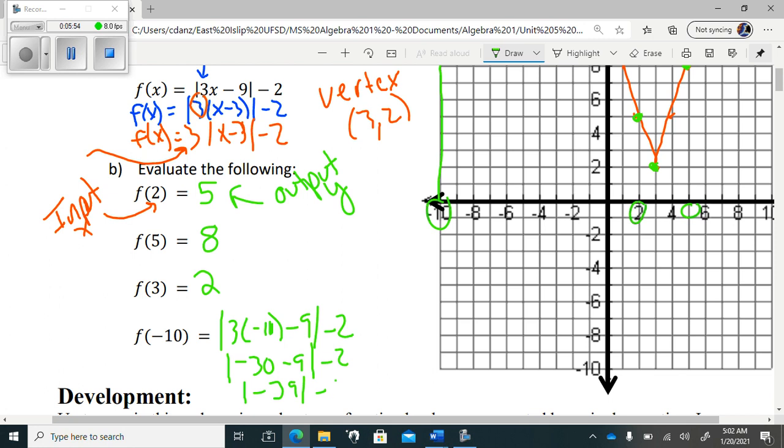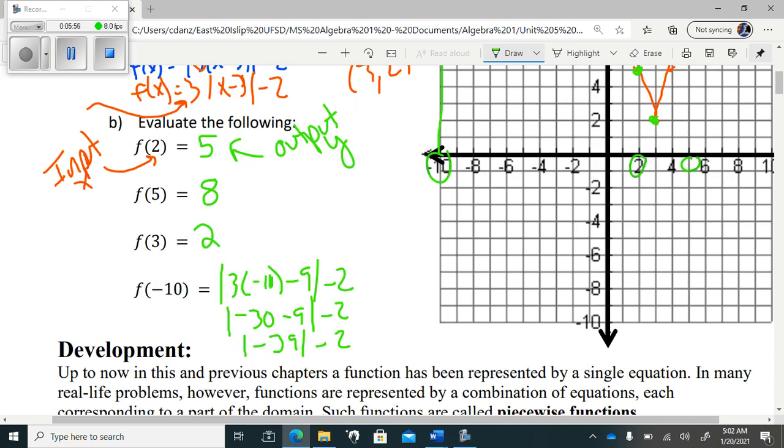And the absolute value of -39 is 39. And then 39 minus 2 is 37. So f of -10 equals 37. So that means that there's a point on this graph at -10 comma 37. And it makes sense. I knew it was going to be a very large number.